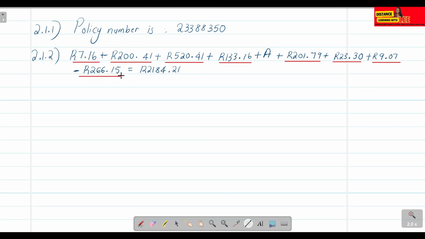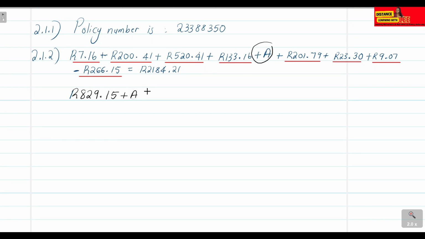You punch all these values into your calculator, and you'll find that you get 829 rand 15 cents plus this A is equal to 2,184 rand 21 cents.